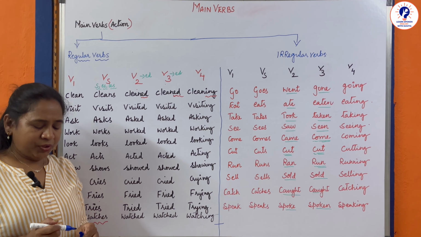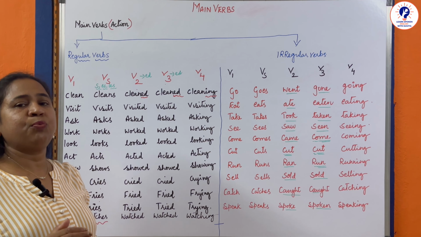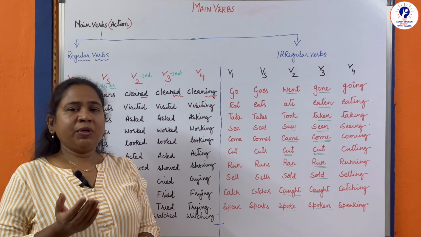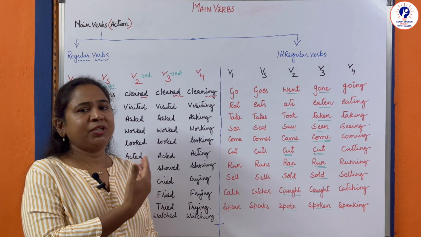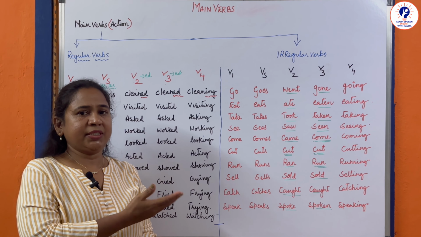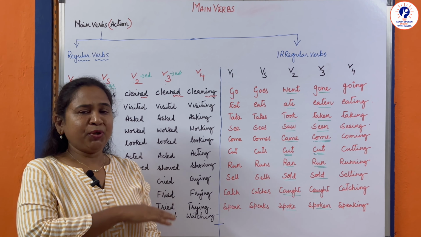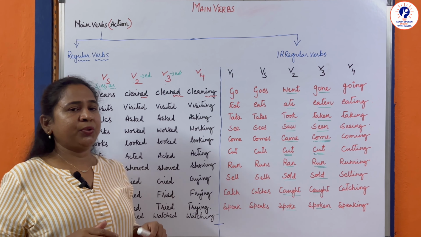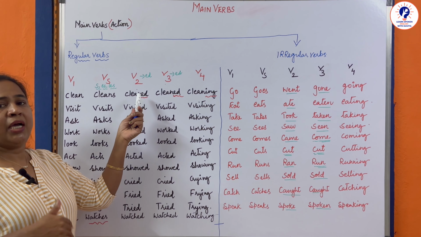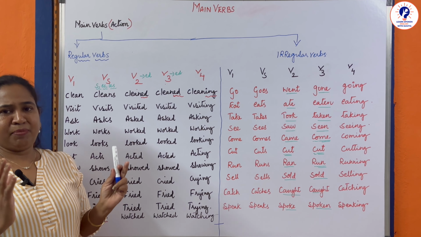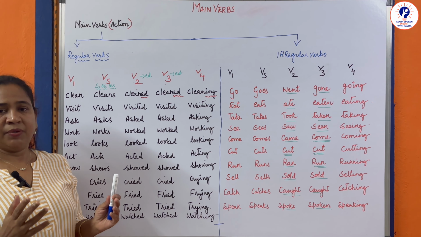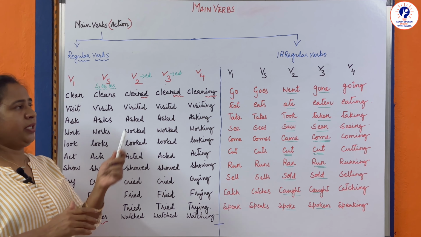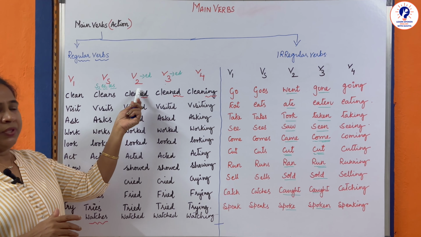A simple example I want to give you. If I ask you, what did you do yesterday? Yesterday is about past time. When you talk about something that has already happened, you are going to pick V2 forms. I went to my hometown, I cleaned my house, I dusted my house. Did you understand? That is V2 form.